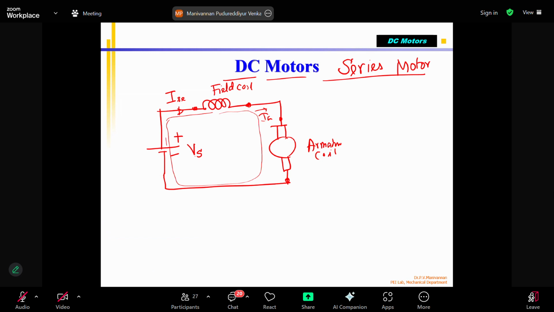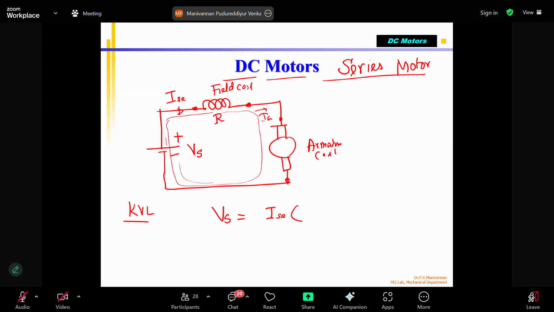Now we can write according to KVL, Kirchhoff's voltage law, which talks about voltage across a closed circuit. This is a closed circuit, correct? KVL across this one: V supply from the battery is equal to I series multiplied by the resistance of the field coil.